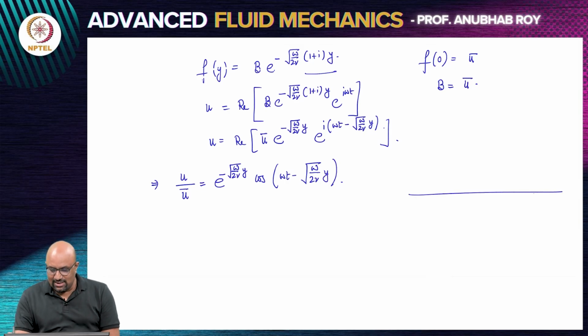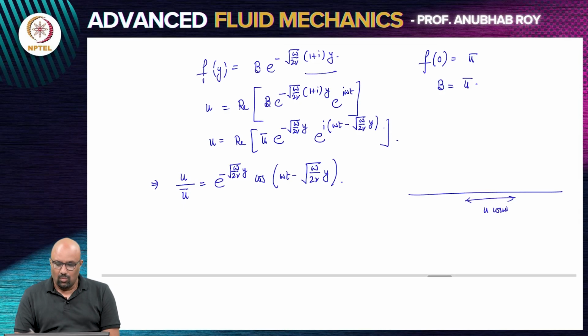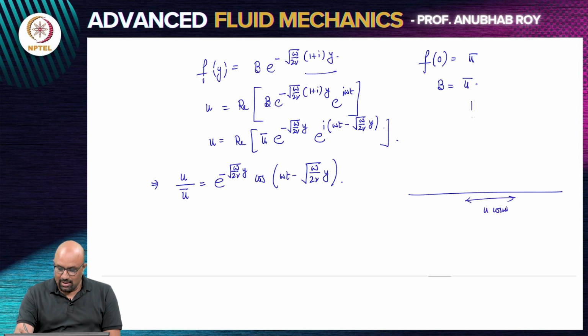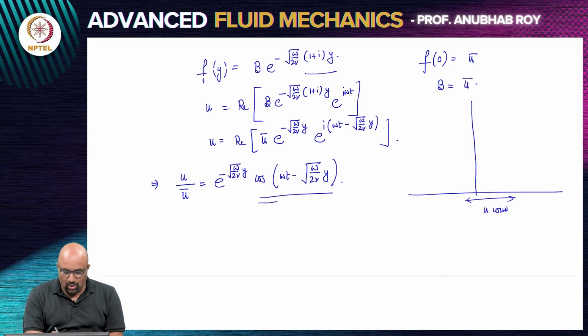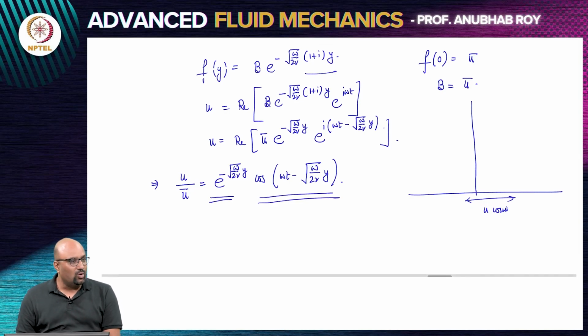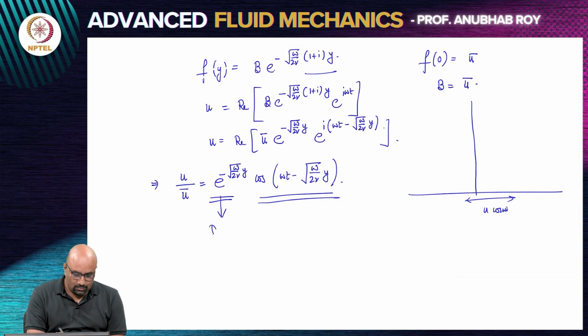So, for that oscillating plate problem, what are you going to observe? You are going to see a solution that would appear. So, you look at the two terms. The first term is like an attenuation or a damping term.